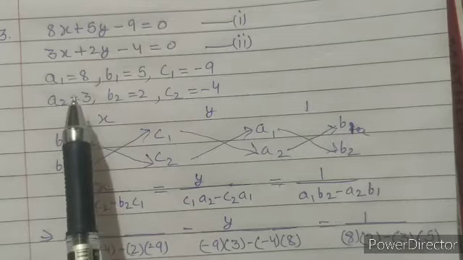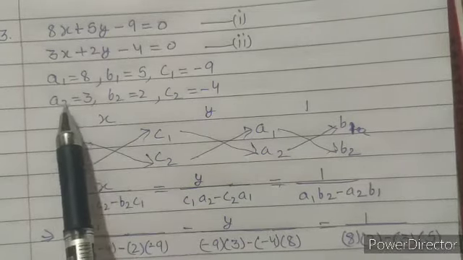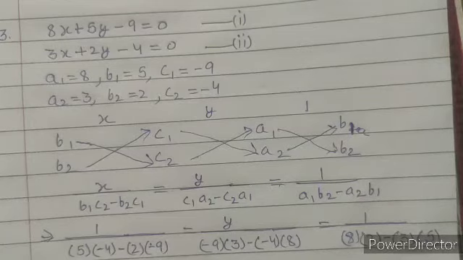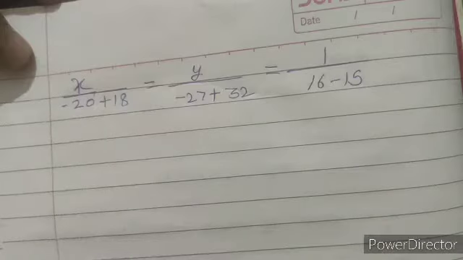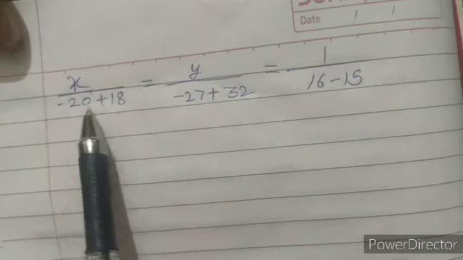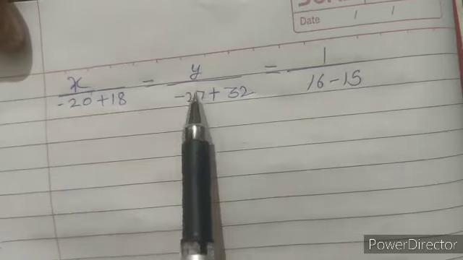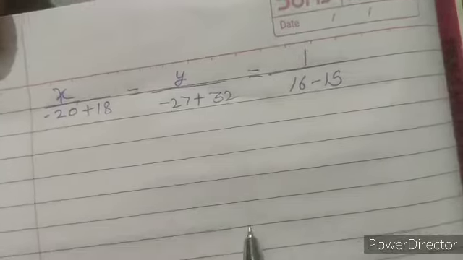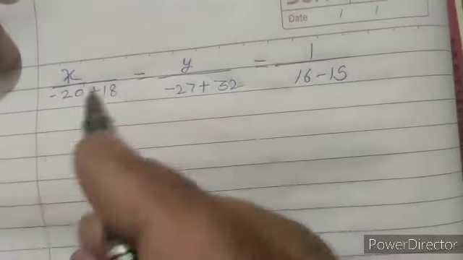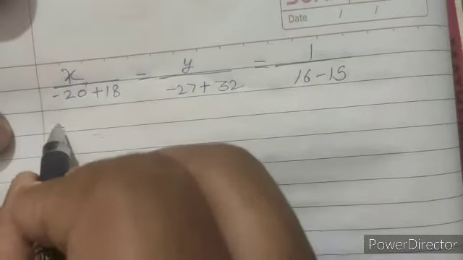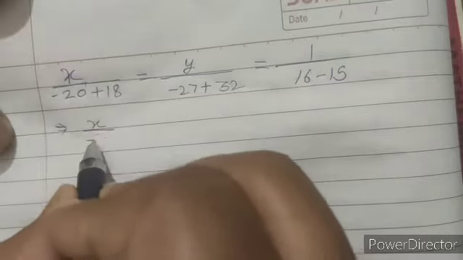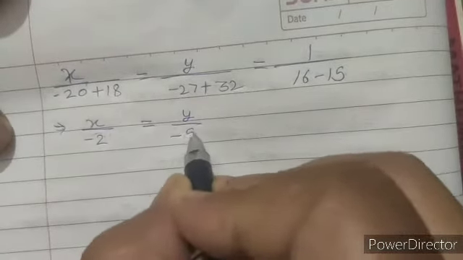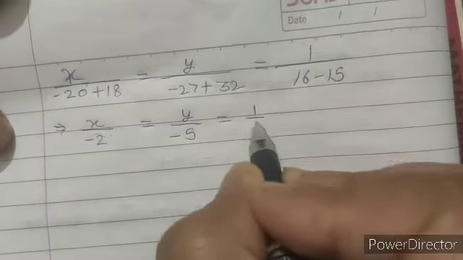On putting the values of a1 b1 c1 and a2 b2 c2, we will get the equation as x upon minus 20 plus 18 equal to y upon minus 27 plus 32 equal to 1 upon 16 plus 15, and that will be x upon minus 2 equal to y upon 5, and that equal to 1 upon 31.